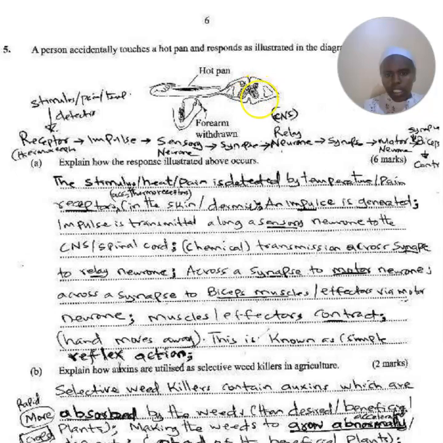And then there is the central nervous system. Okay. So stimulus, then the receptor, impulse, sensory neuron, synapse, relay neuron, synapse. You are asked, explain how the illustrated response occurs.